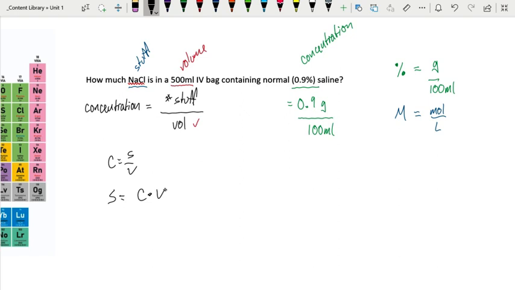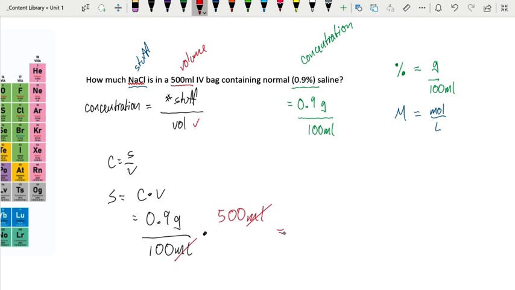Our concentration is 0.9 grams per 100 milliliters, and we're going to multiply that by our volume, which is 500 milliliters. It's important to write units because I cancel units out, and that helps me know that I did it right. Milliliters on the top, milliliters on the bottom, they cancel out.